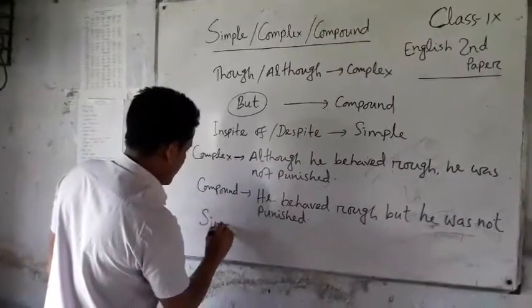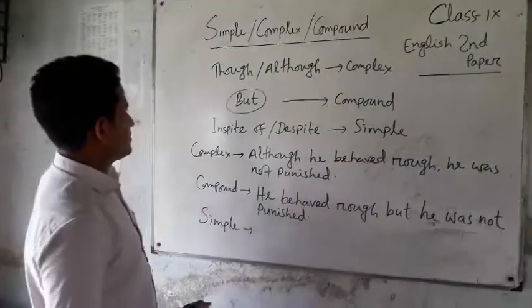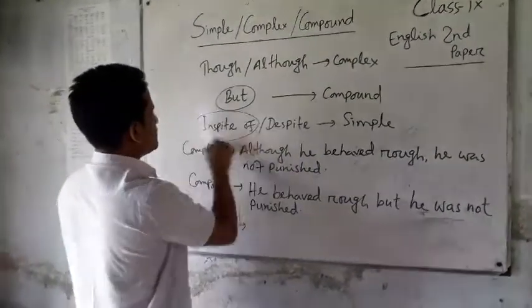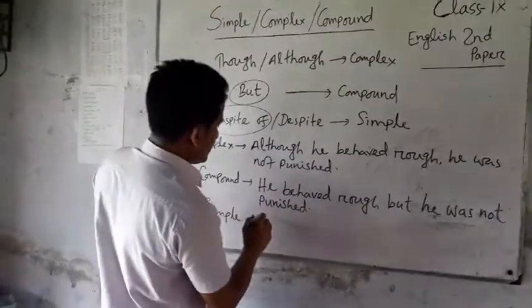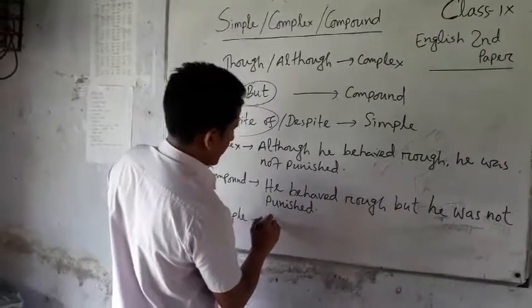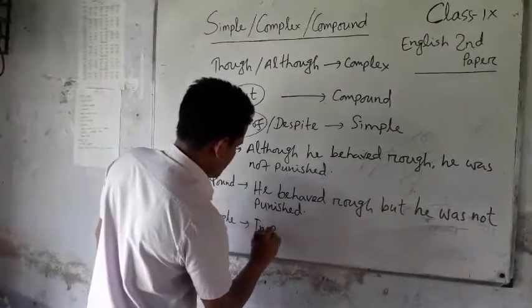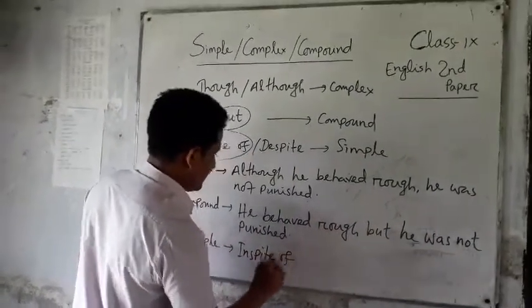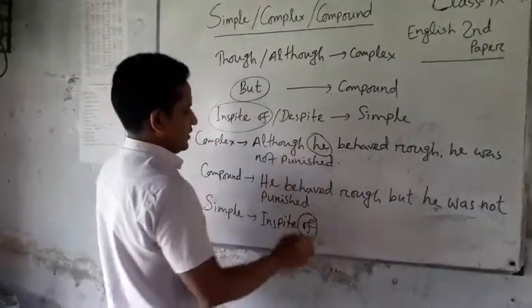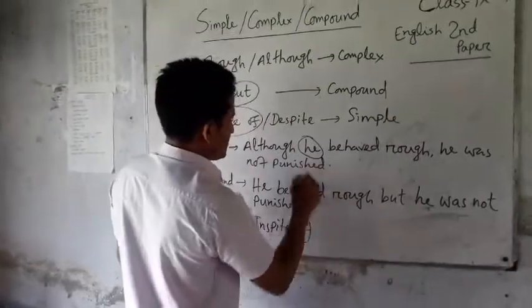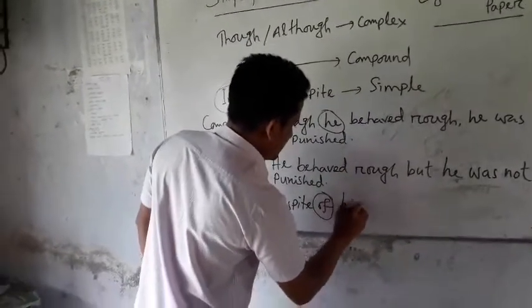And if I write the simple sentence of this sentence, in spite of is used at the beginning of the sentence. In spite of is a preposition. After preposition we have to use the possessive form of the subject, he is.